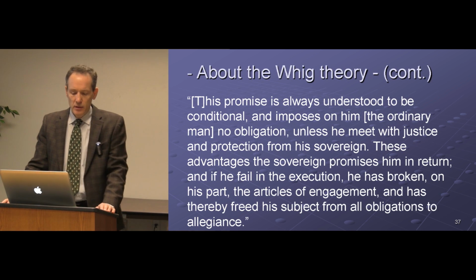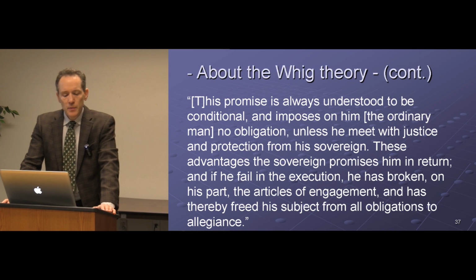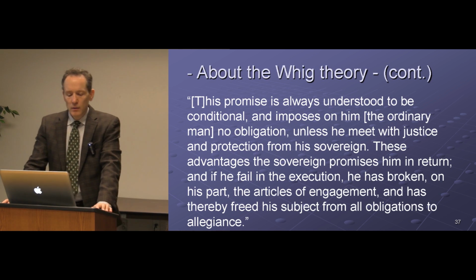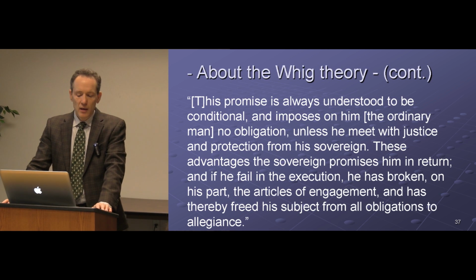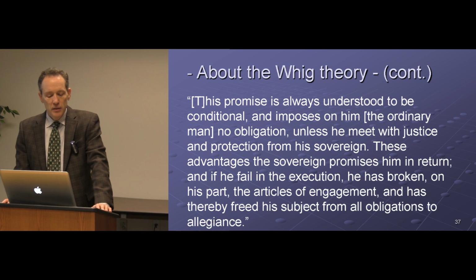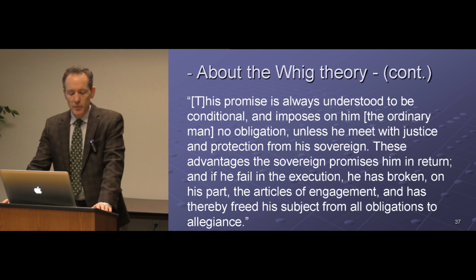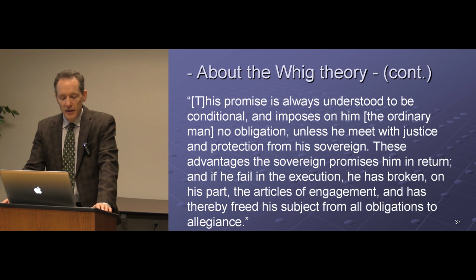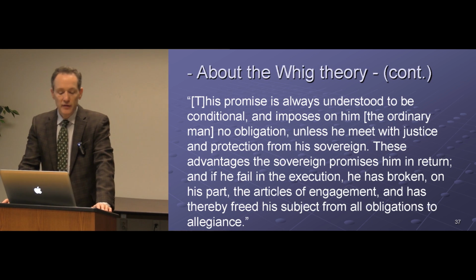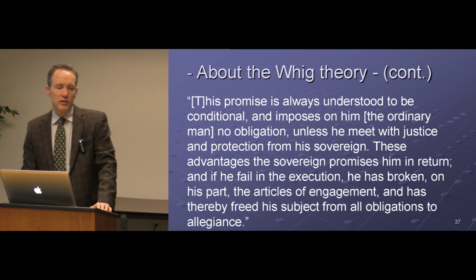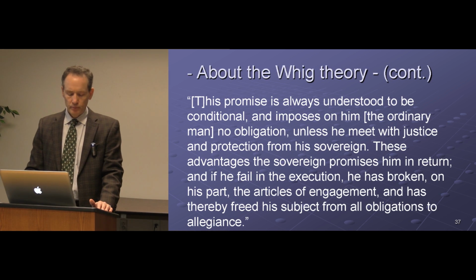And he continues, "This promise on the part of the subject is always understood to be conditional and imposes on him no obligation unless he meet with justice and protection from his sovereign. These advantages the sovereign promises him in return. And if he fail in the execution, he has broken on his part the articles of engagement and has thereby freed his subject from all obligations to allegiance."